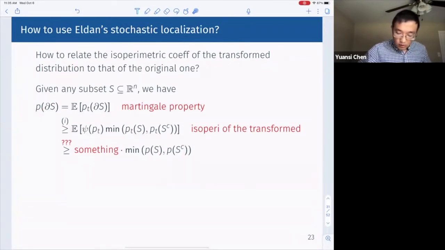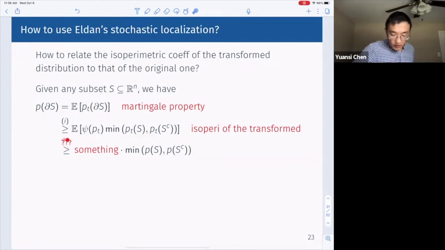The first step, you observe that the boundary measure is the average of the boundary measure at time t. This you use the martingale property. This P_t is a martingale, and then the expectation equals where it starts. And then at time t, you can prove some kind of isoperimetric inequality for the transformed density, hopefully easier to prove than the isoperimetric inequality for the original density.